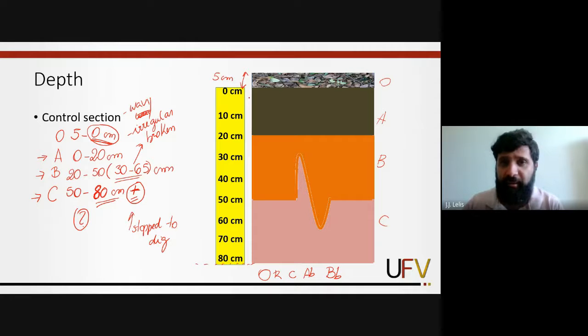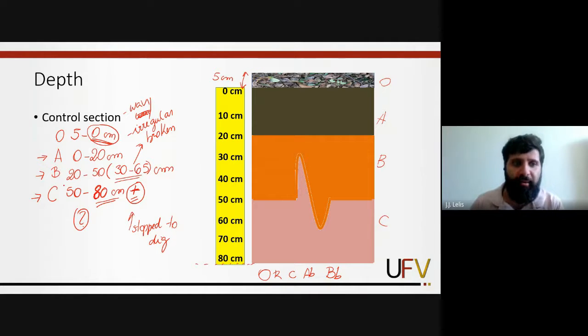Some of our classmates answered that the O horizon ends at 0, but I should take a note about when the O horizon starts. So it starts, for example, at 5 and ends at 0 centimeters. The A horizon starts at 0 and ends at 20 centimeters.